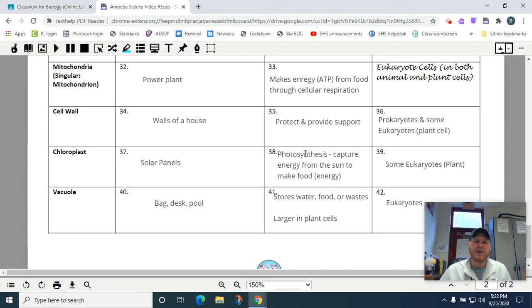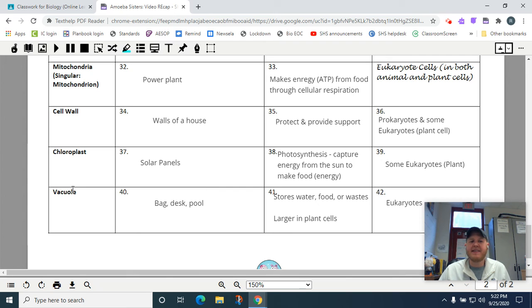So this captures energy from the sun to make food, which eventually the plant uses to make energy. This is very similar to a solar panel. Just like a solar panel uses the sun's light and makes electricity, the chloroplast is going to use sunlight and make energy, just not electricity. It's just food, glucose specifically.